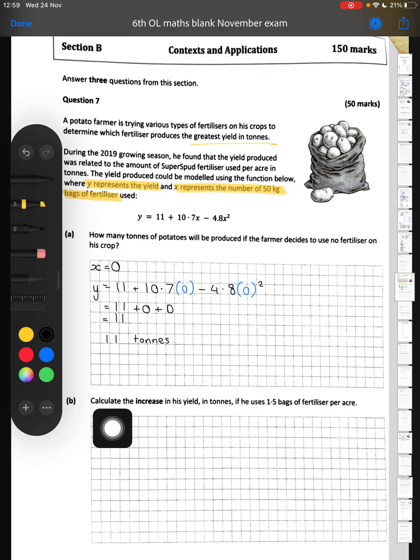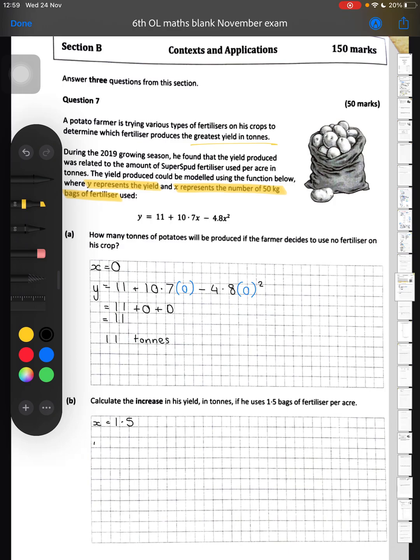Okay, then the next part says calculate the increase in his yield in tons if he uses 1.5 bags of fertilizer per acre. So this 1.5 bags of fertilizer means that x is now going to be 1.5.